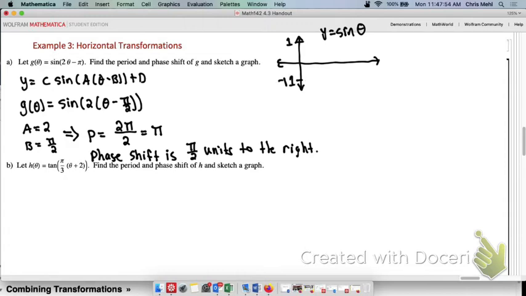Now there haven't been any vertical transformations, so you're still going to have the same midline of 0, and the maximum and minimum of our transformed function is still going to be positive 1. But I'll just again draw the fundamental cycle, which is the graph of sine from 0 to 2 pi.